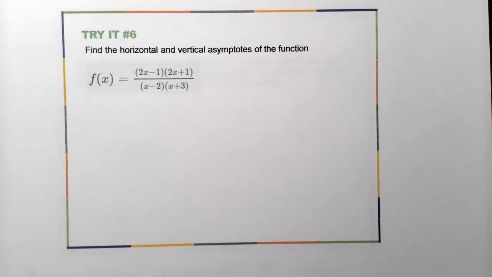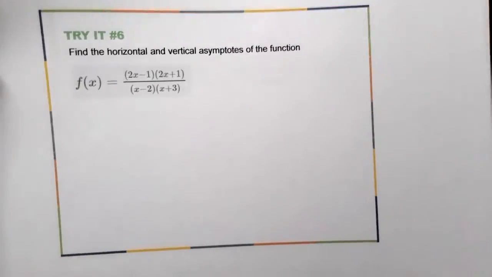So this is one of the problems that I want you to try by yourselves, and it's f of x equals, in the numerator we have 2 factors, 2x minus 1 and 2x plus 1, and then in the denominator we have 2 factors again, x minus 2 and x plus 3. Find the horizontal and vertical asymptotes of that function, and let me know if you ran into any trouble.